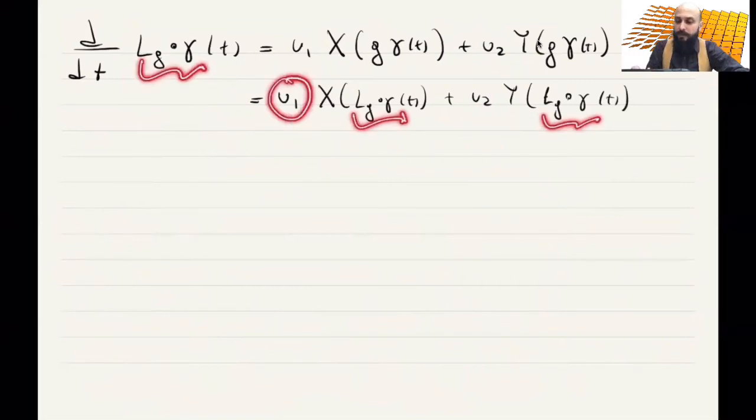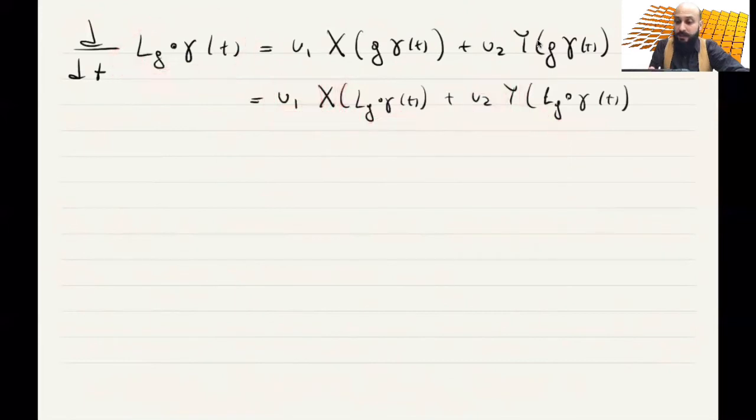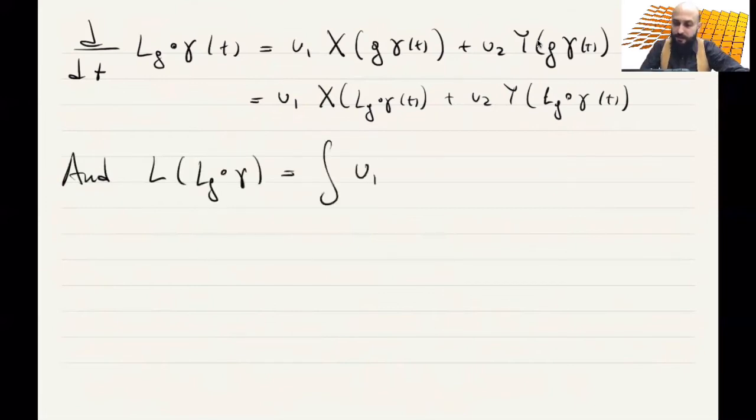Moreover, the coefficients that you need to write the tangent vector in the basis x, y are again u1 and u2. So the length of the curve Lg composed with gamma is again the integral of the square root of u1 squared plus u2 squared, which is exactly the length of gamma.